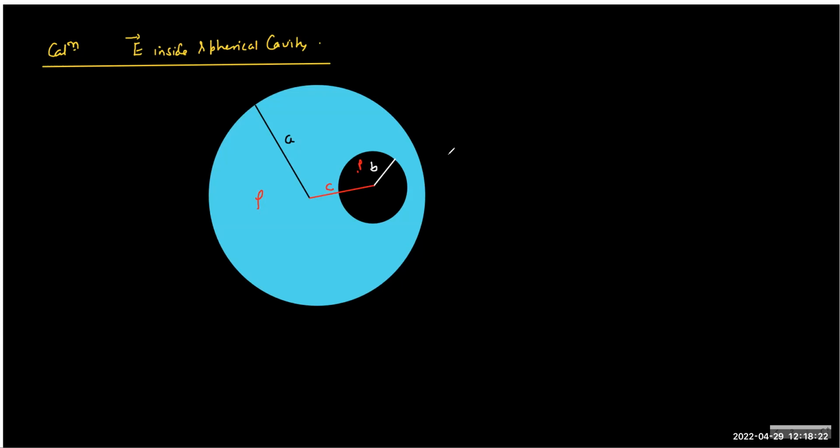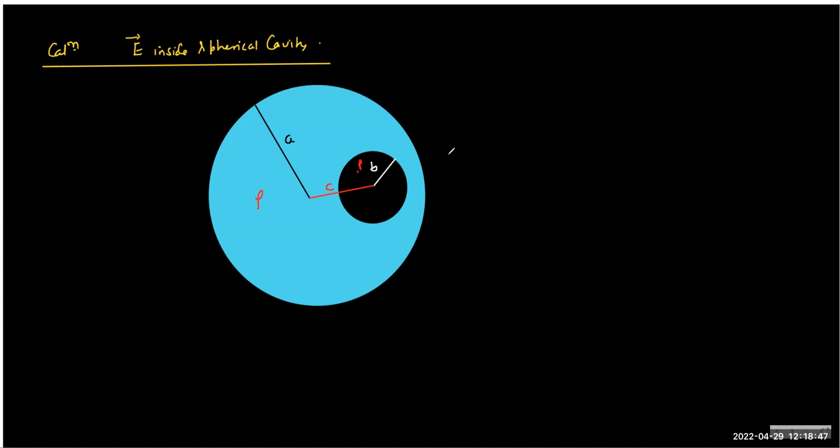So we cannot guess it actually, because charge enclosed is not the criteria for the electric field to be zero. I'll prove it later on why it is so. What matters is the distribution of other charge, you can say the geometry, the symmetry, and everything else.